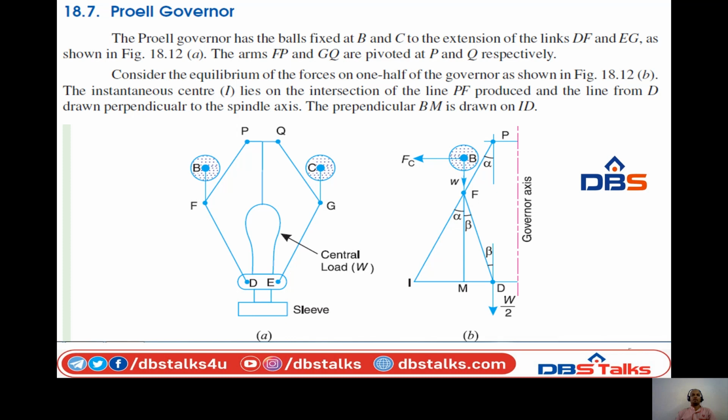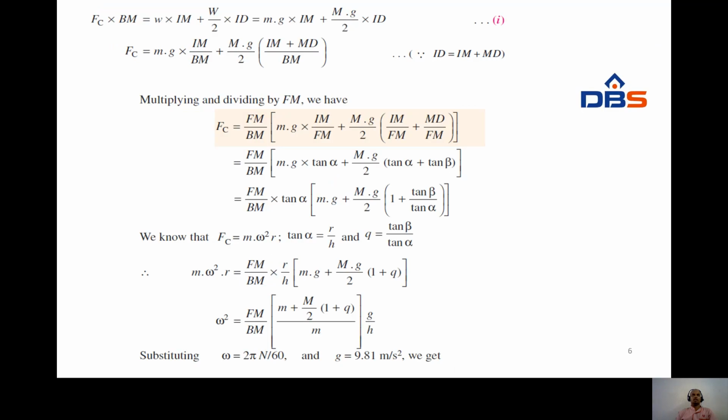So D and P are collinear, on a single line, so that we are taking the moments about I.